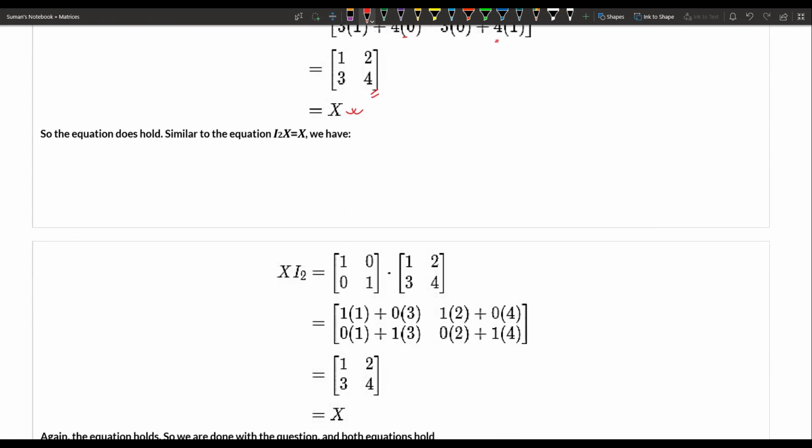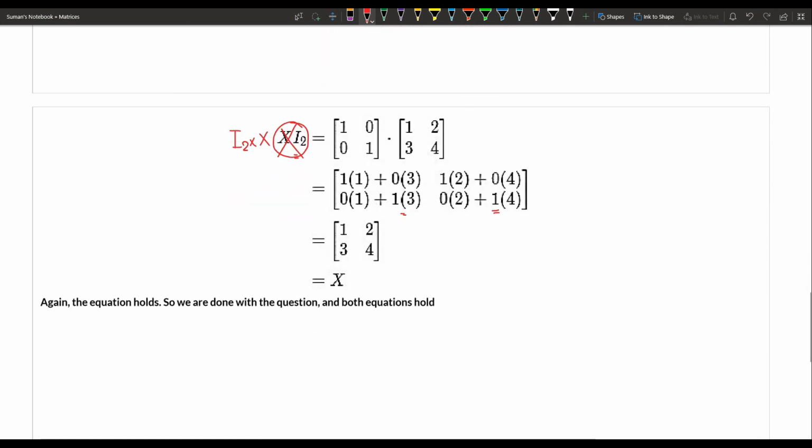Then we multiply I2 into X, so on the left hand side of the non-zero matrix. So 1, 0, 0, 1 into 1, 2, 3, 4. Here we multiply 1 into 1 plus 0 into 3, 1 into 2 plus 0 into 4, 0 into 1 plus 1 into 3, and 0 into 2 plus 1 into 4.